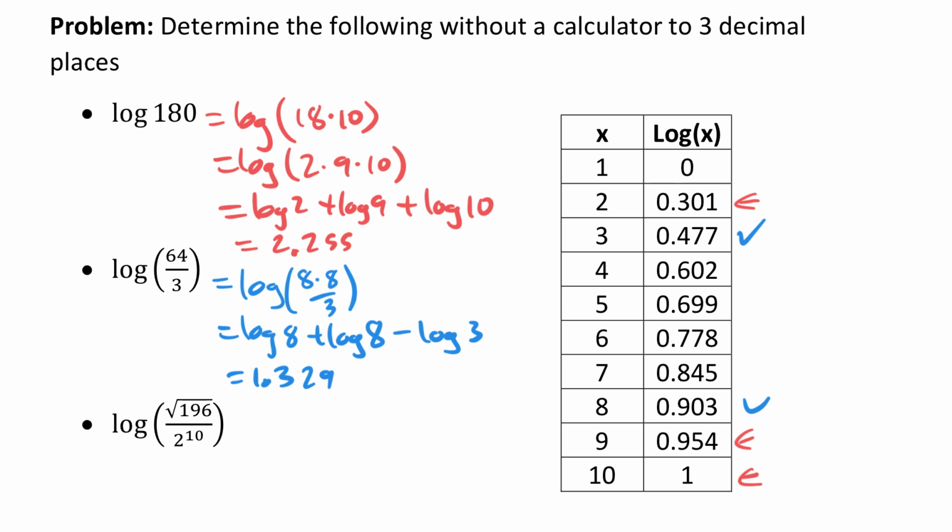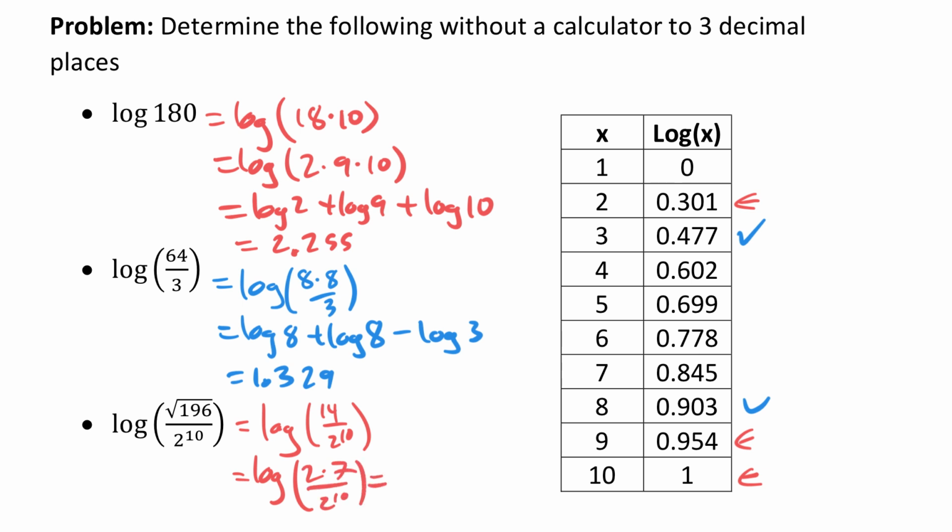All right, square root of 196, and then 2 to the power of 10. Now, hopefully you know the square root of 196. That's going to be 14. So that's going to help us a little bit if we simplify it. So we could write this as log 14 over 2 to the 10, which we could write as log 2 times 7 over 2 to the 10.